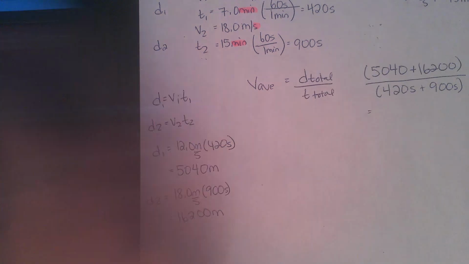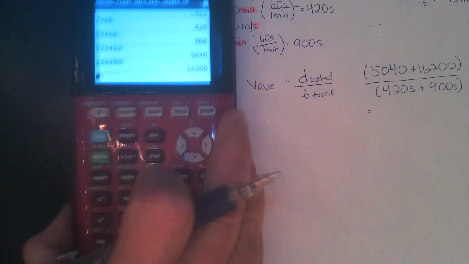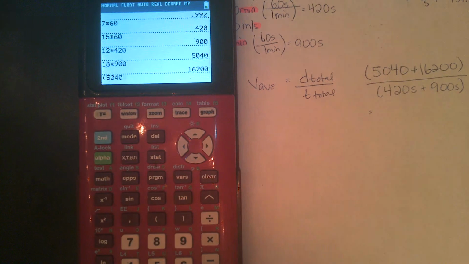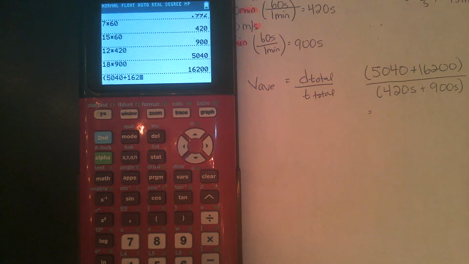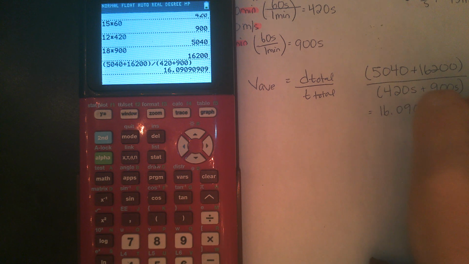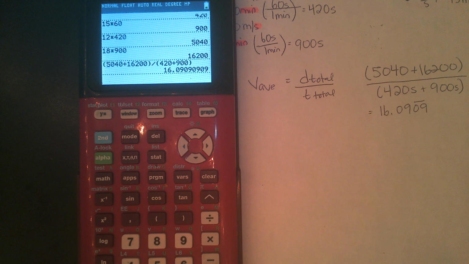And so that's going to look like this. You can do it in the brackets, 5040 plus 16200 divided by 420 plus 900. So I'm going to get 16.0909, and that looks like it's repeating.